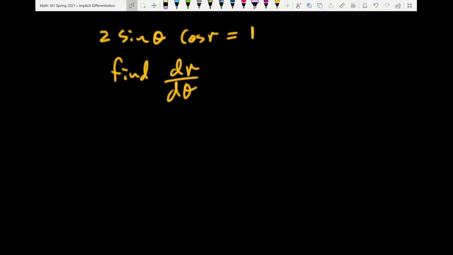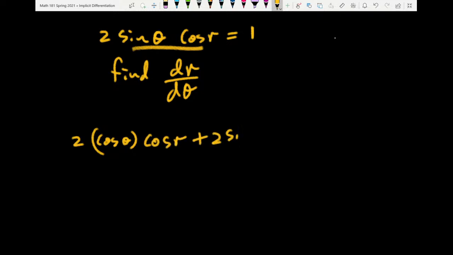So let's look at this. So this one, again, product rule. So the first one is cosine of theta. I'm taking the derivative of theta with respect to theta, so I don't need to write that. Cosine of r plus 2 sine of theta, and I'm taking the derivative of cosine, which is negative sine of r, and I'm taking the derivative of r with respect to theta. So I write dr/d theta equals 0.